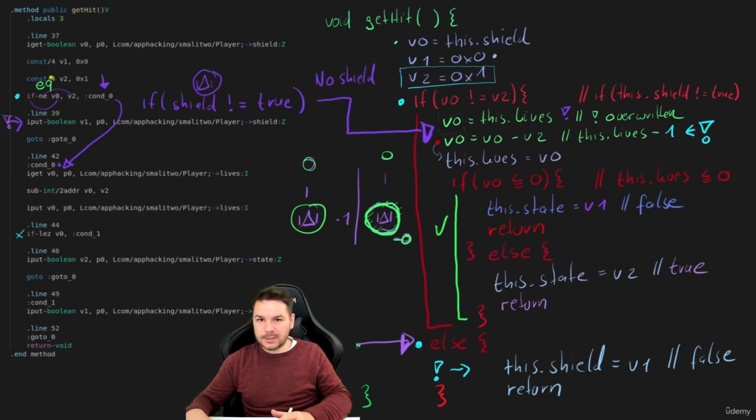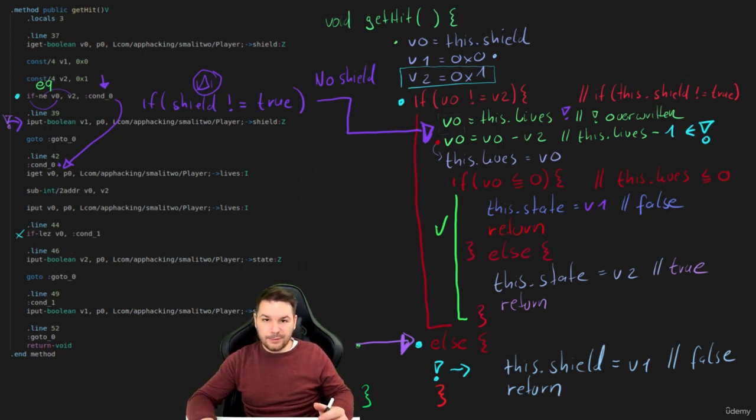Let's go through this if statement and see if it's correct. Therefore, we clean this up on this side over here. So we have flipped the logic. This means we should now have the case that our player starts with a shield until the player picks up another one. But that's not important. So this would be our case. Our player starts with a shield.